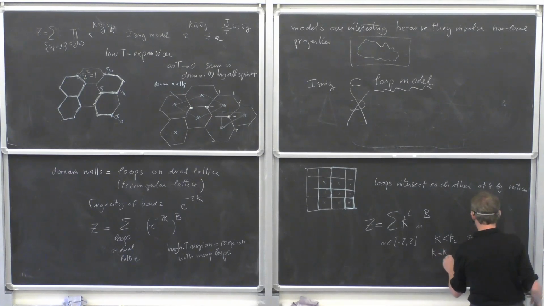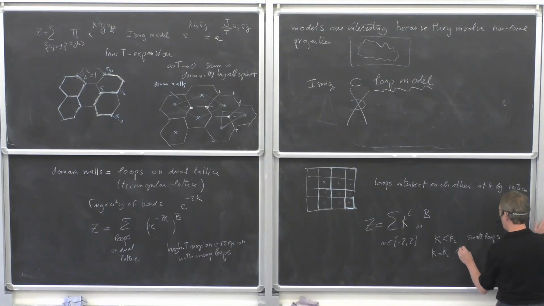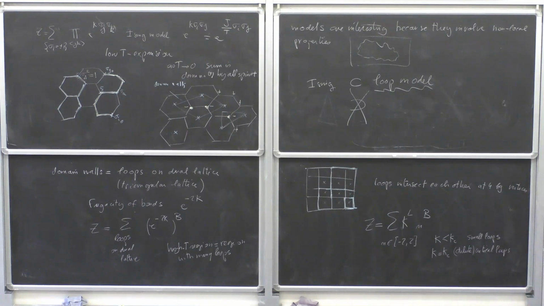K equal Kc is the phase of so-called dilute critical loops. And now I claim this critical point is independent of whether I allow crossings or not. I'm going to make a much stronger claim, totally unproven, but strong renormalization group arguments for this. Any model with whatever small amount of repulsion between bonds will fall into this universality class.